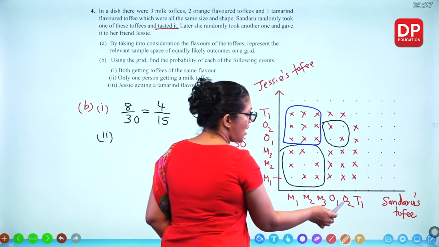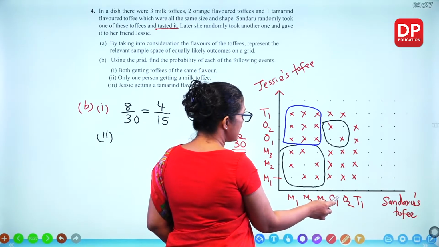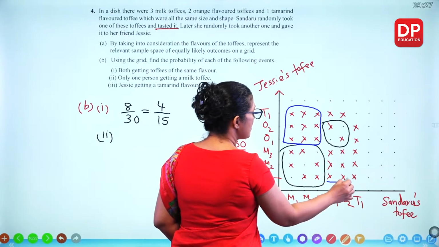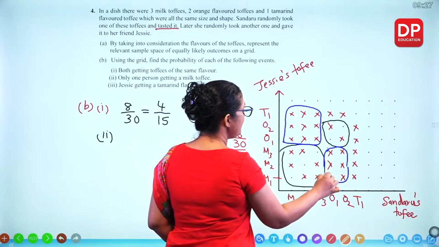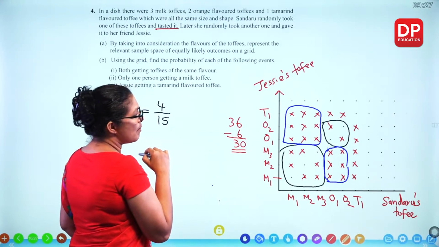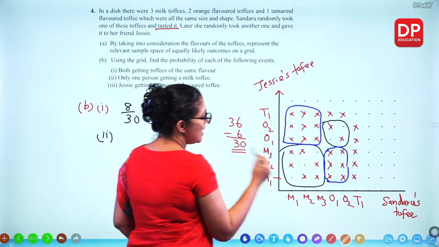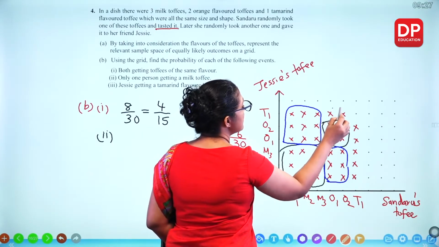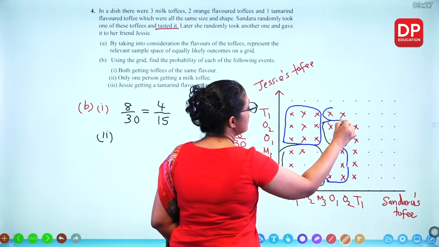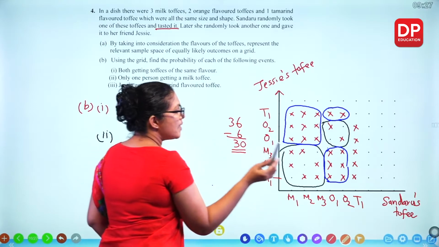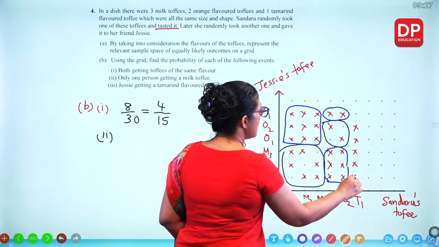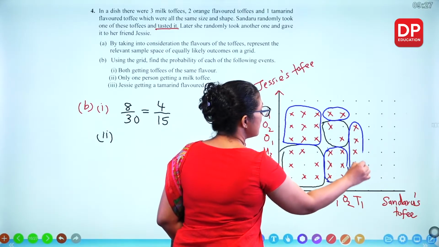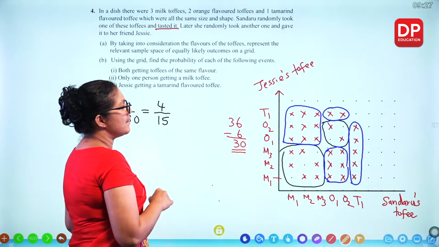If Sandaru is getting orange ones, other person, Jessie, can get milk toffees and tamarind one. If Sandaru is getting tamarind one, Jessie can get all the other flavors.